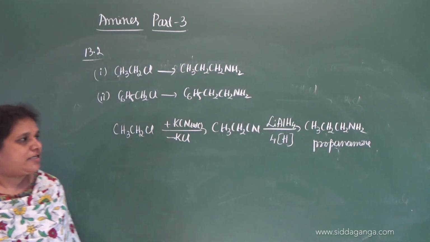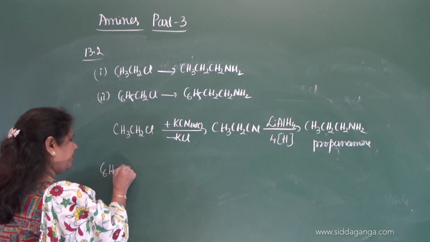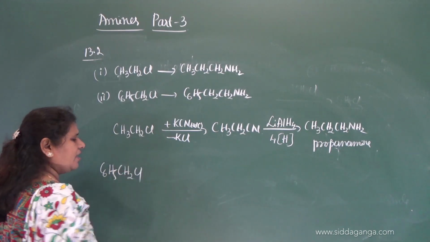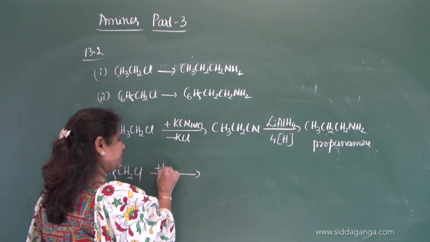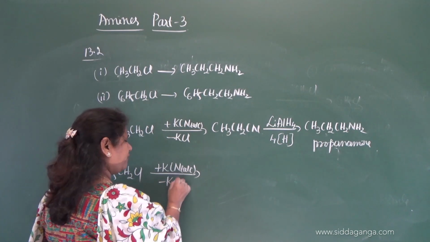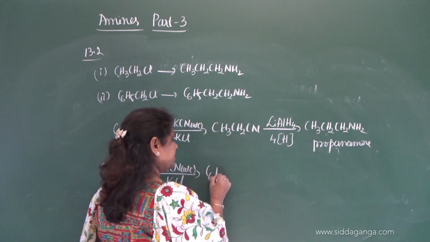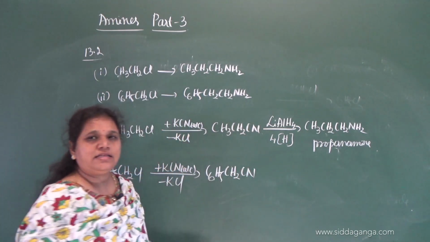Okay, now let us move on to the second conversion. Here also you take benzyl chloride. Since it is an alkyl halide, it also undergoes nucleophilic substitution with potassium cyanide with the elimination of KCl. What you get? C6H5CH2CN, benzyl cyanide.